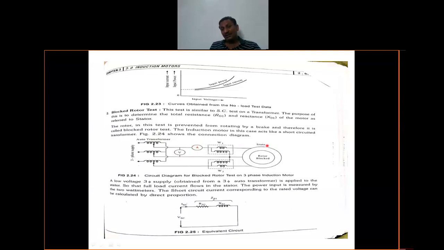Because the rotor is short circuited, that means blocked, the rotor draws high current, and automatically the stator also takes high current for small voltages only.